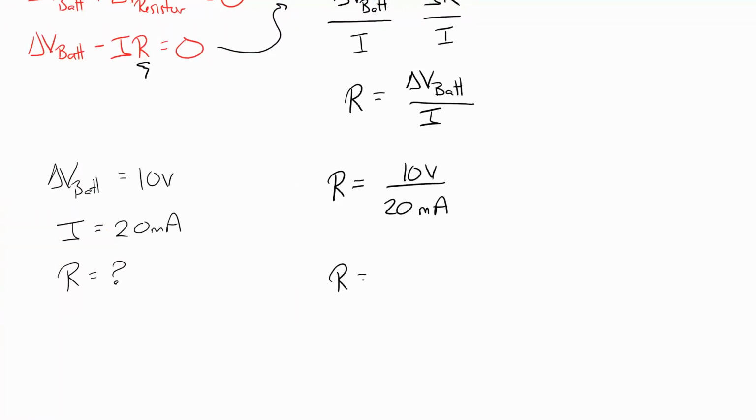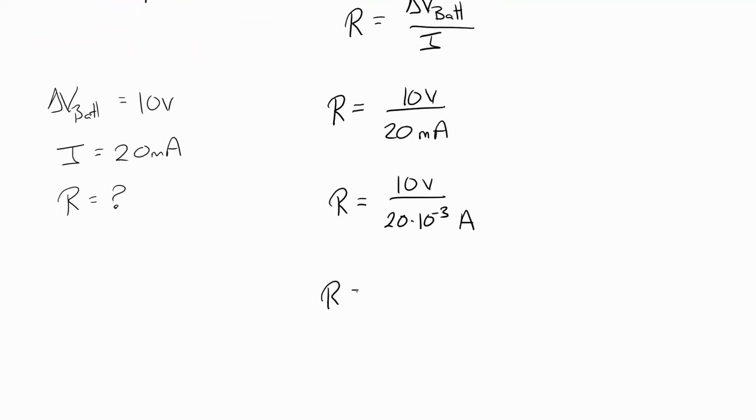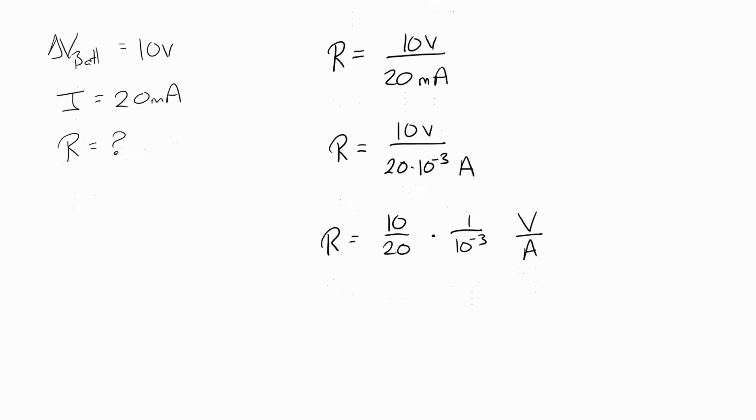Milli, aside from being an excellent musical, Tony Award-winning best musical, assuming it's Thoroughly Modern Millie, not just some random, ho-hum milli. Milli means 10 to the negative third. So I can replace that milliamps by 10 to the negative third amps. And whenever I do stuff with scientific notation, I can split out the coefficients from the powers of 10, and then I can also just have the units chilling out over there.